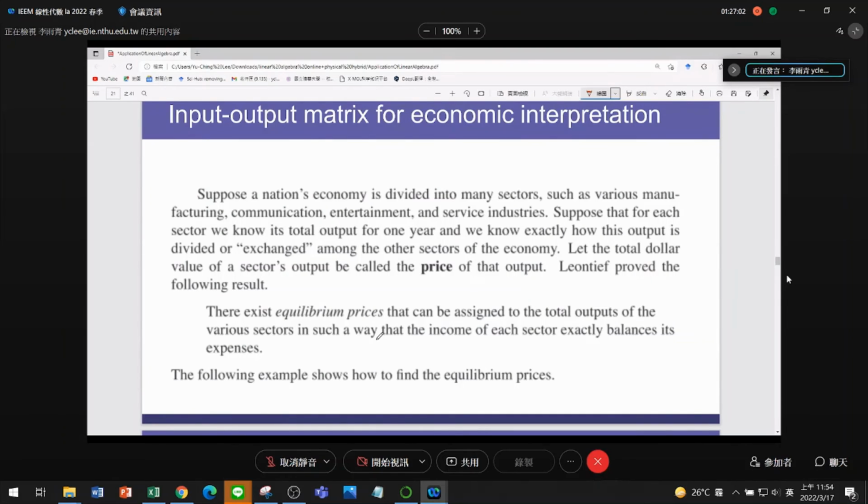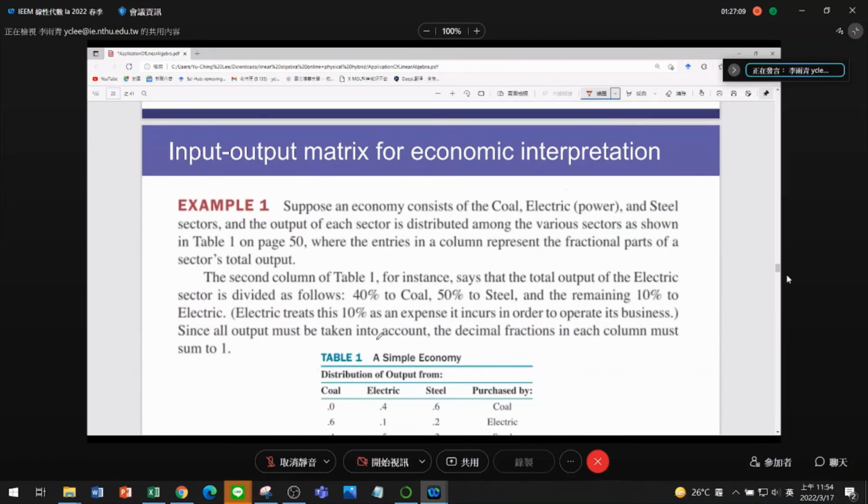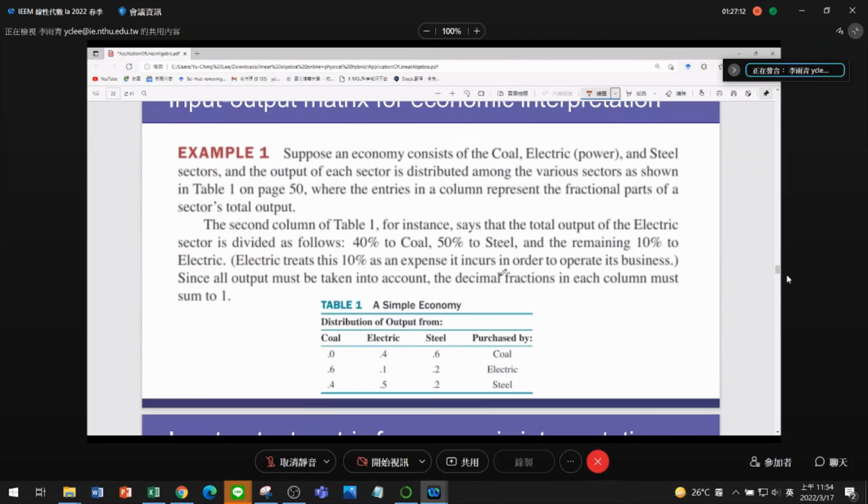But in terms of math, it's not hard. So we can look at the example and see how we actually calculate such a matrix.